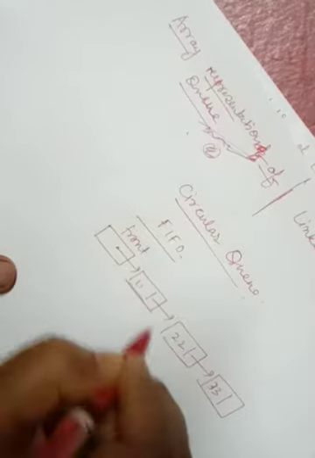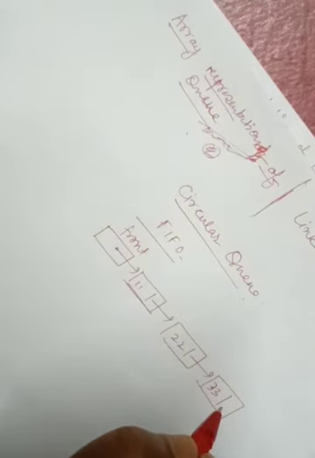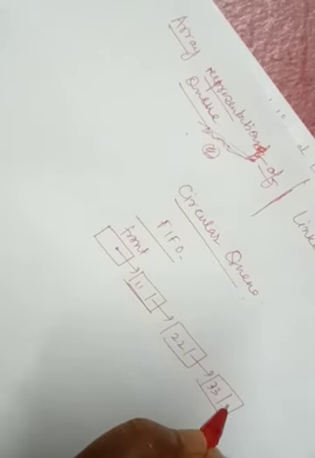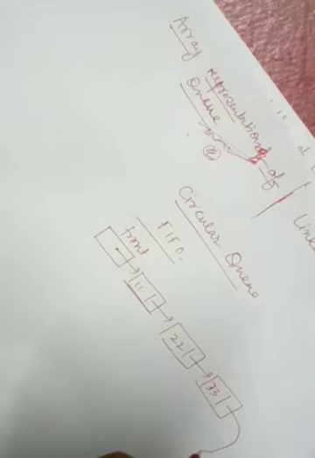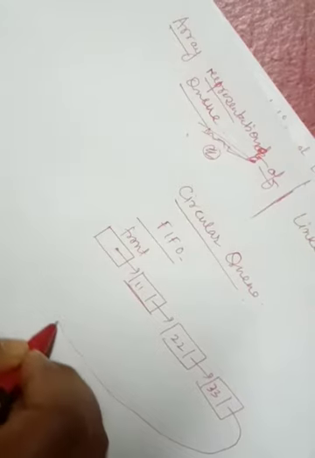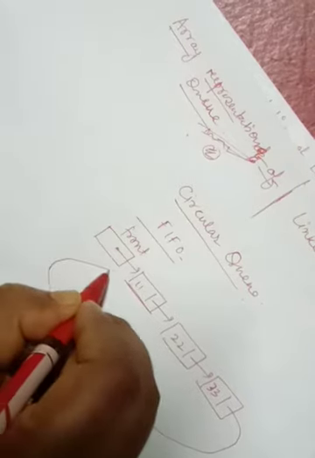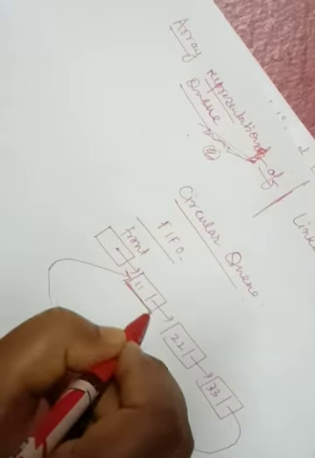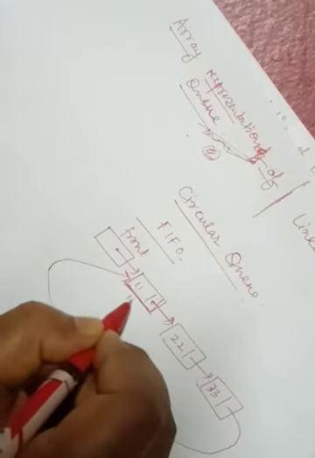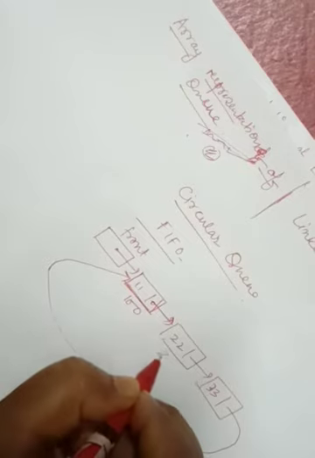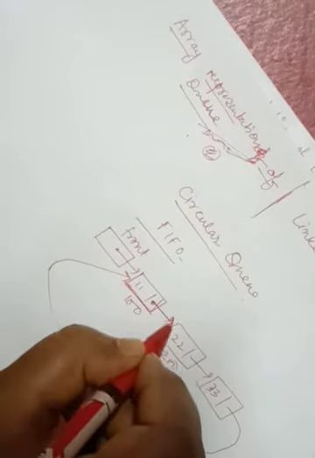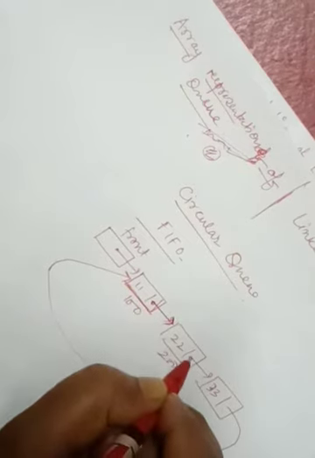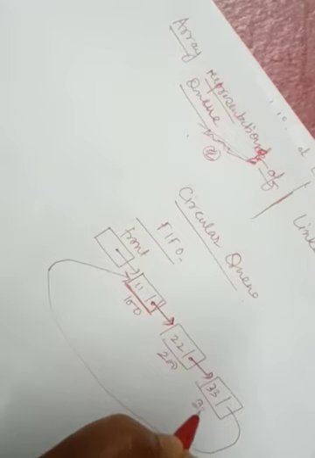this is the information. Here one of the important characteristics of the circular queue is that the last position, or the link part of the last node, is connected back to the first position, or the first node. So that means the first node holds the address of the second node, that is 200. The second node holds the address of the third node, that is 300.